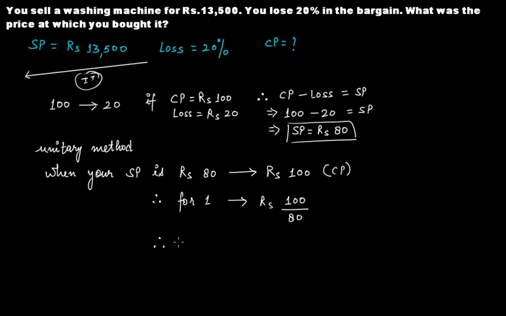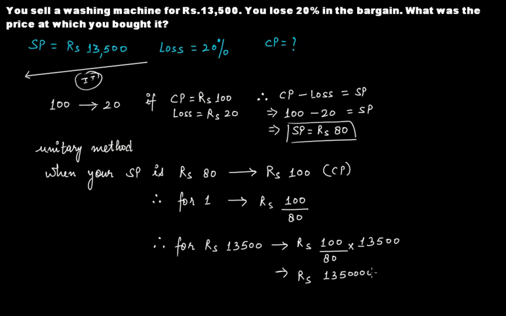Therefore, when the selling price is rupees 13,500, your cost price will be rupees 100 over 80 times 13,500.